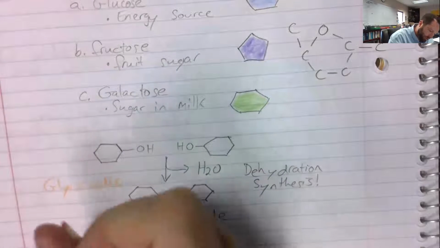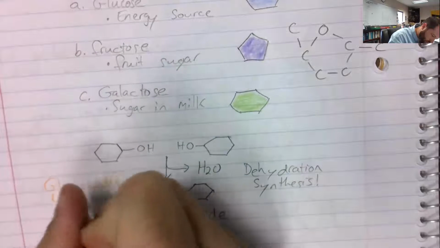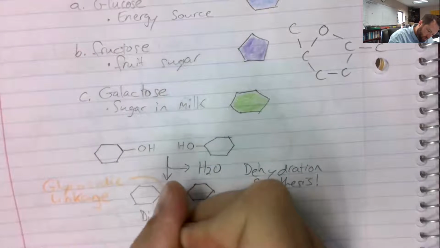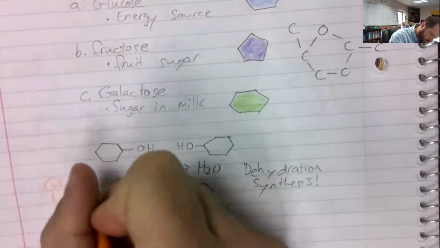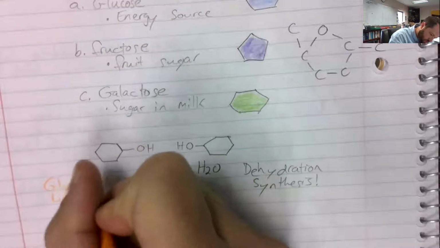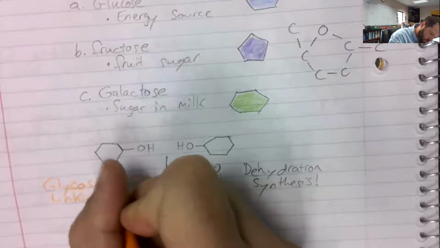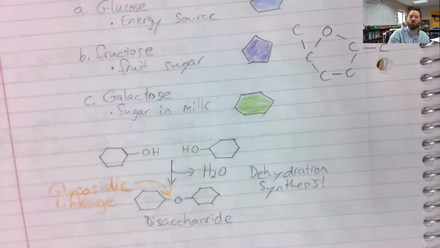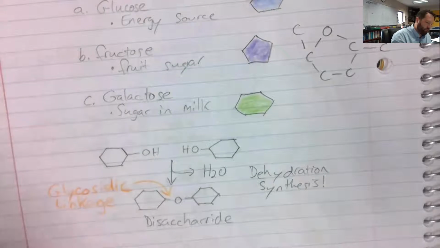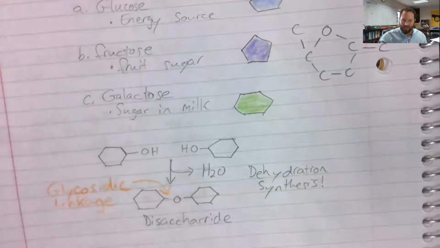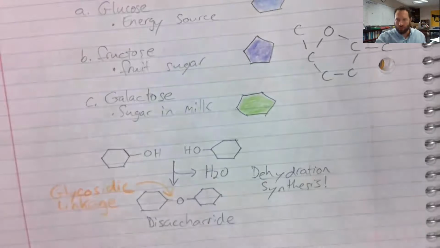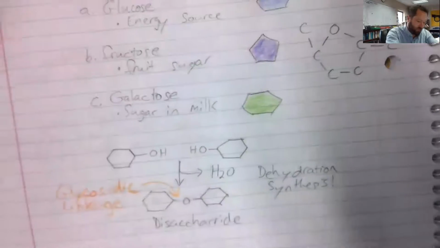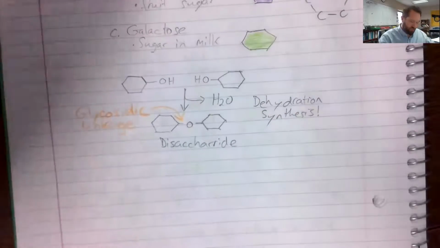It's called a glycosidic linkage. The glycosidic linkage is the bond that links 2 monosaccharides to make a disaccharide. If we continue to make them longer, which we will in just a few minutes, we'll see there are a lot of glycosidic linkages.